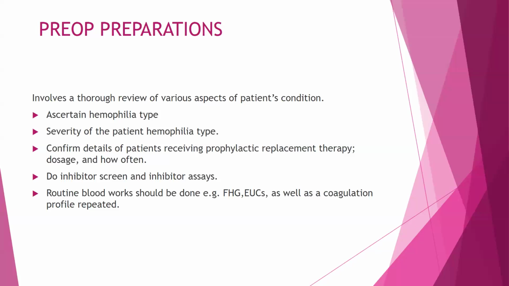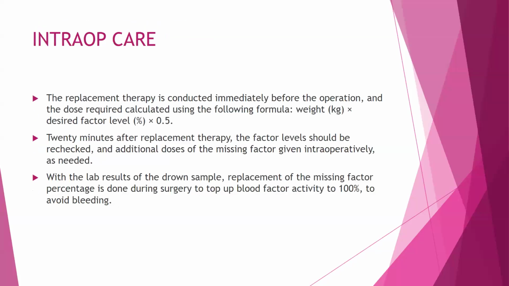You should also do an inhibitor screen, and we should also do the routine blood works and ensure that they are done. We can also repeat a coagulation profile to be sure that this patient is hemophilia A if he's claiming to be hemophilia A.